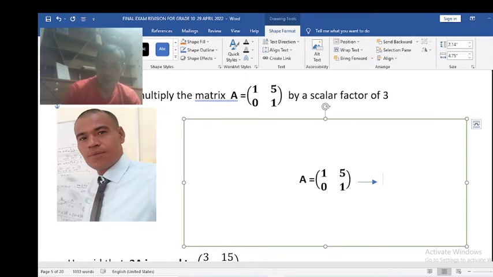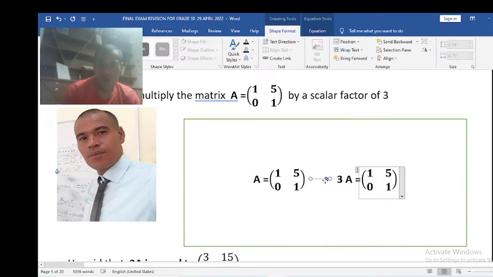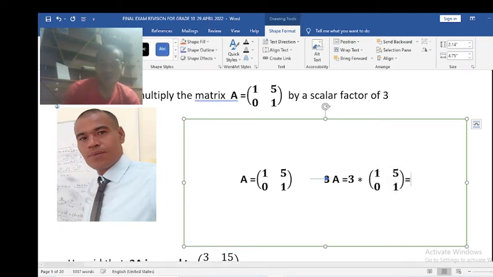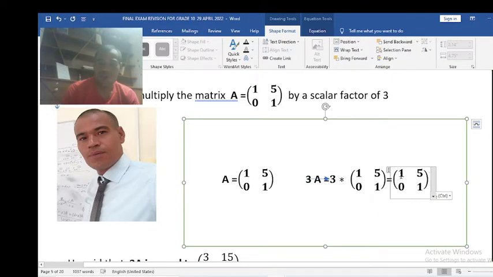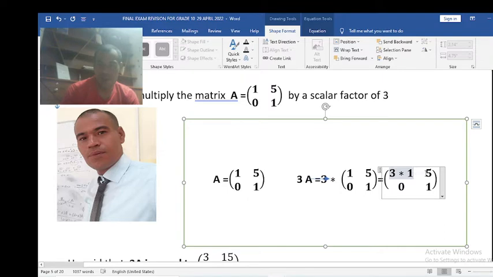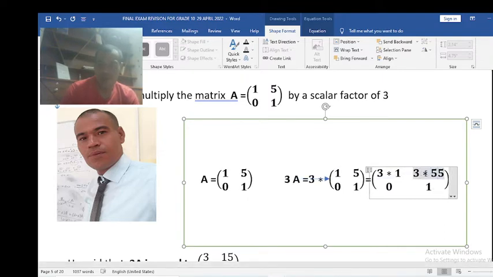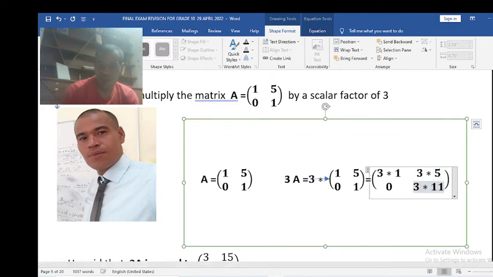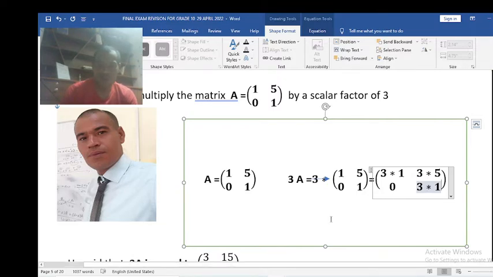So 3 times, so 3a equals 3 times all of this. Then this one is equal to 3 times 1, 3 times 1, then 3 times 5, then 3 times 0 is 0, and 1 times 3. So this one, learners, should be equal to what?